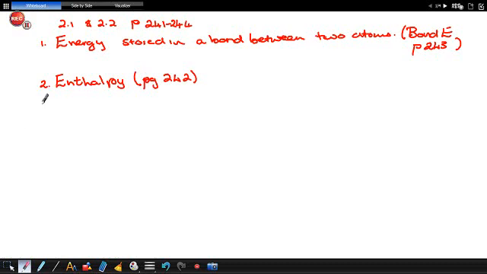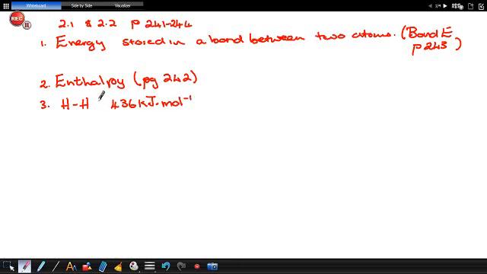Now, the bond energy is also the energy required to break a chemical bond, and we measure it in kilojoules per mole. So, for example, in a hydrogen bond, you need 436 kilojoules of energy per mole of hydrogen.